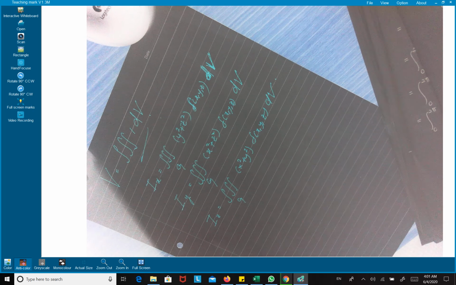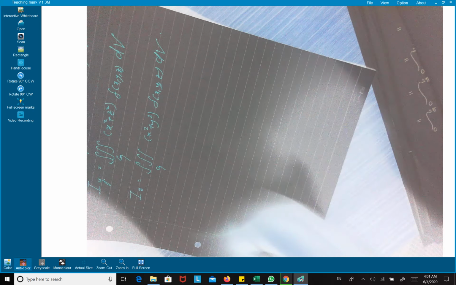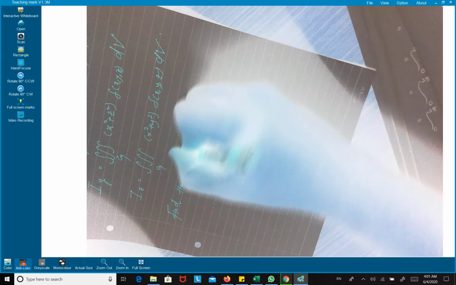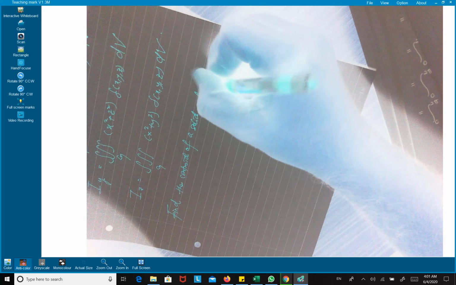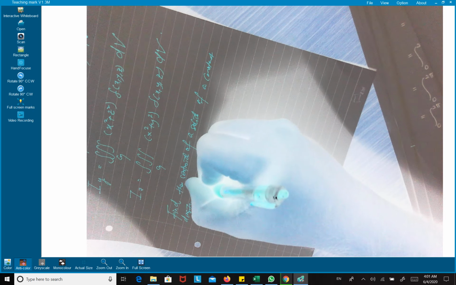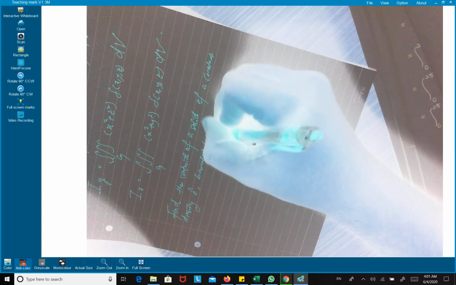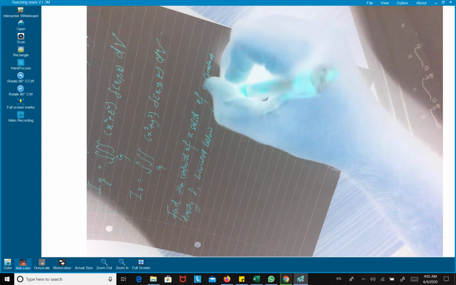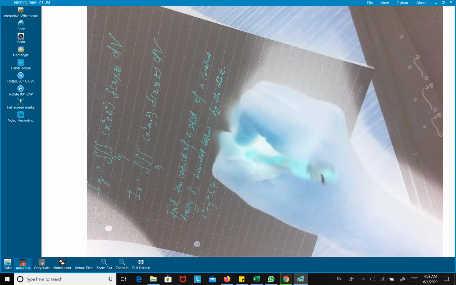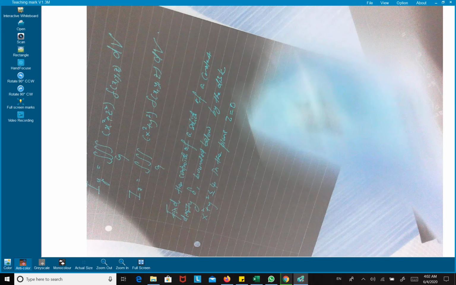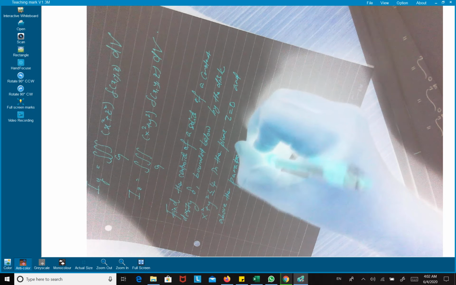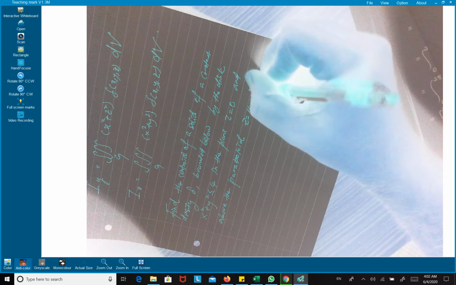Okay, we go to example 1. Find the centroid of a solid of a constant density delta bounded below by the disk x squared plus y squared less than 4 in the plane z equals to 0 and above the paraboloid z equals to 4 minus x squared minus y squared.